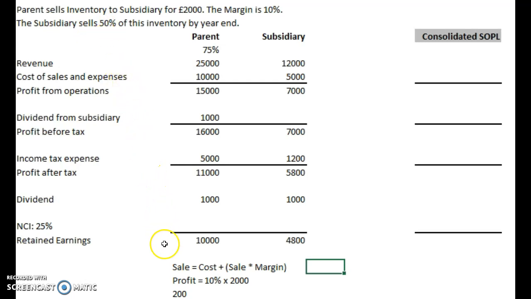So that means 50% of this profit, £200, remained in the group, and is therefore overstated in the accounts. So we're going to have to remove that. 50% times £200 is, of course, £100. So the profit is overstated by £100. And we'll make that one of the adjustments.